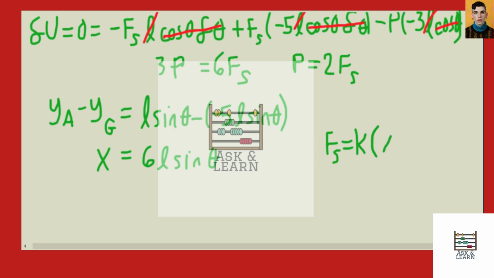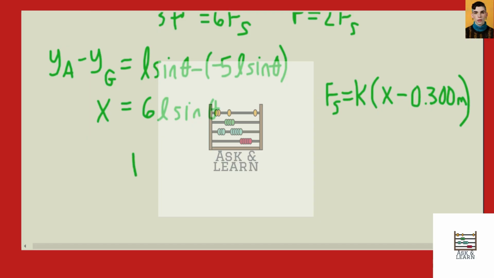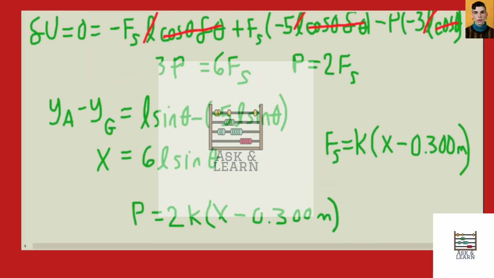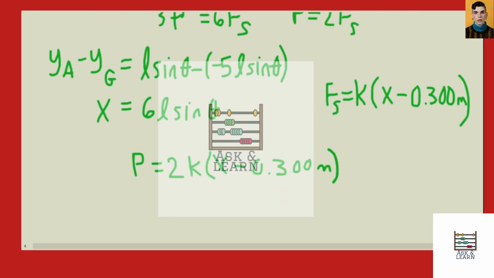So it's going to be x minus 300 millimeters. Right. The spring force is k times delta x, the stretch. And delta x is going to be x minus that. Okay, so now we can just put all this together.